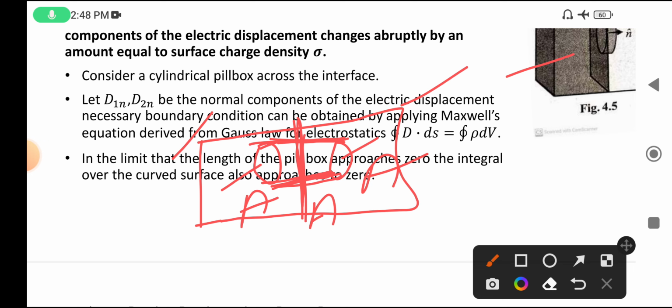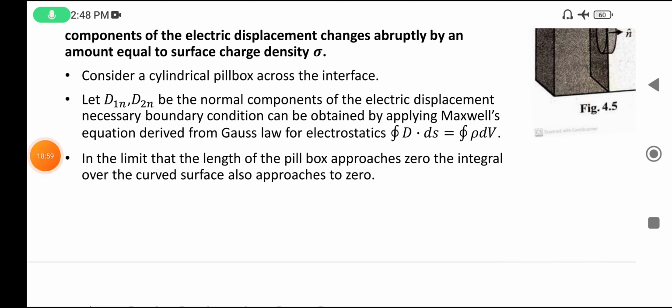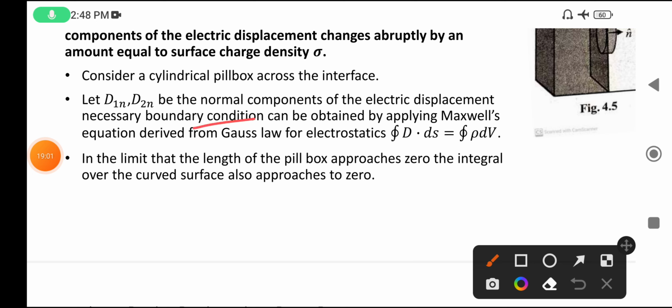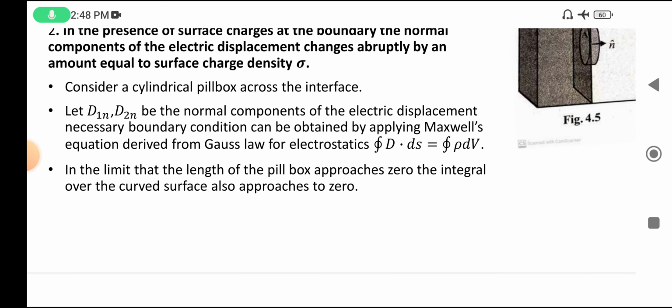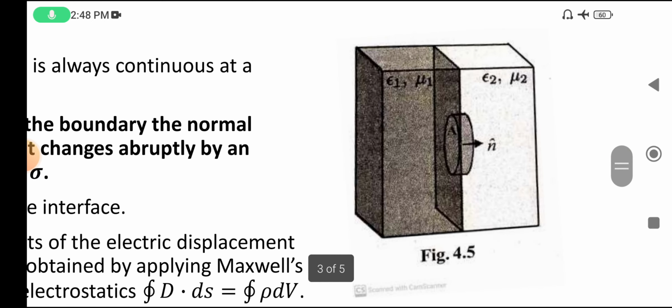Now compress this end and this end. When we compress the two ends of the pill box, it becomes very small and comes very near to the boundary. Then the curved area becomes 0, but the area of these two surfaces never becomes 0. Once again, see the diagram.